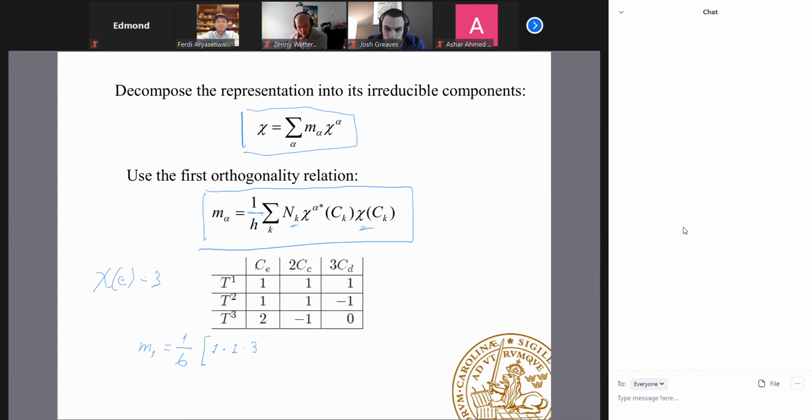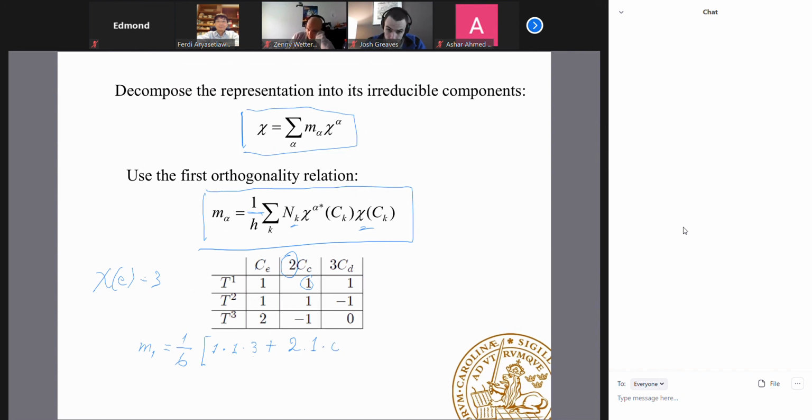And so on. So let me just continue. I have the second one, so that's 2, the number of elements in this class C. So the character is 1, this one here. And the character of class C is 0.